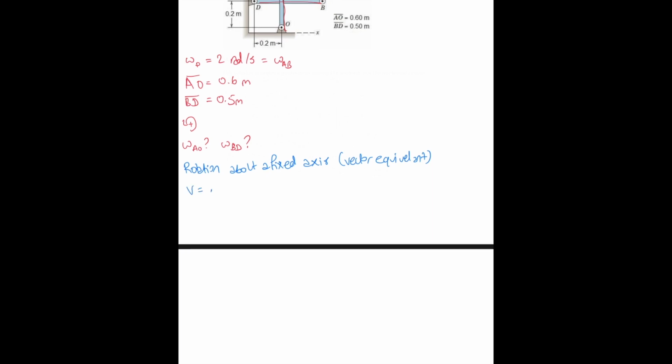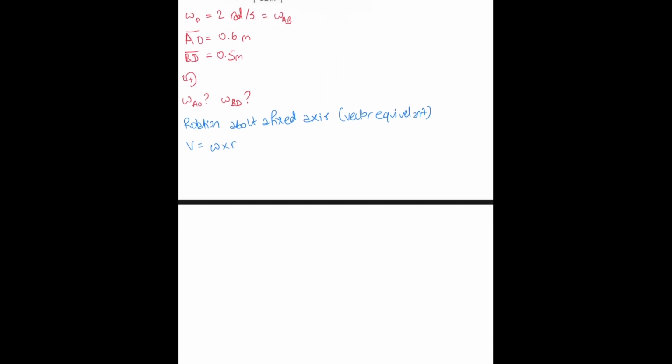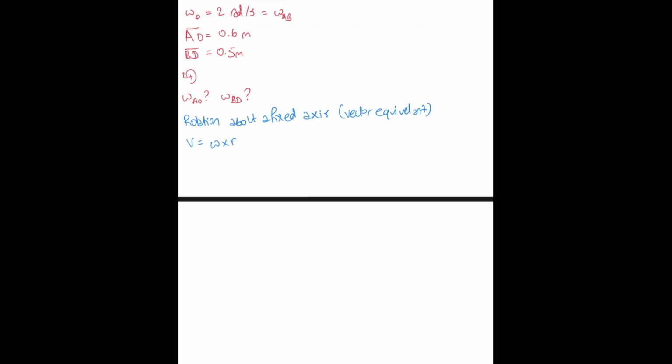So velocity is going to be the angular velocity crossed by the moment arm. AN is going to be omega crossed by omega crossed by r. And the tangential acceleration is going to be alpha multiplied by r.